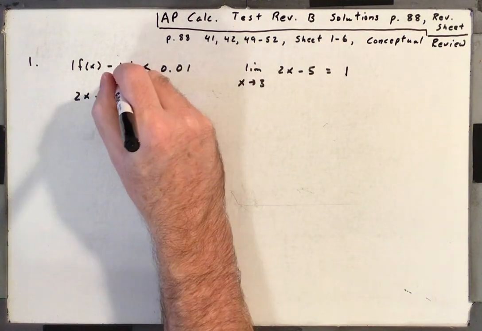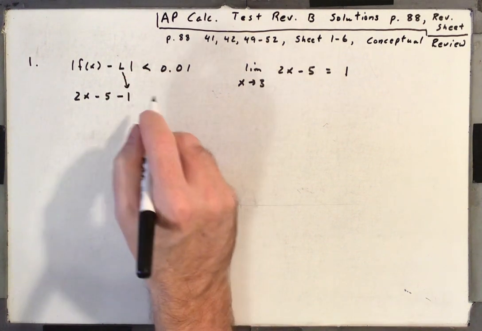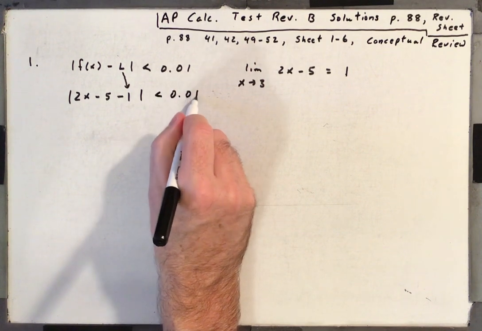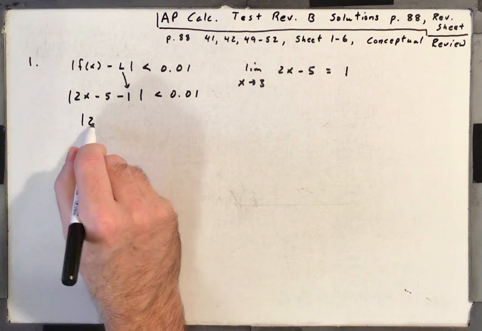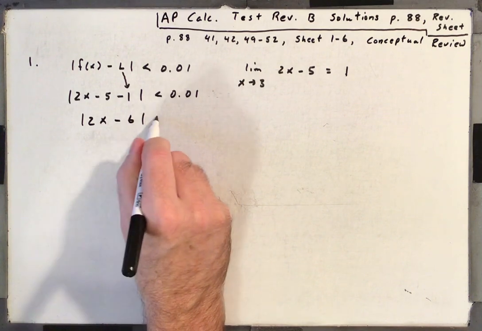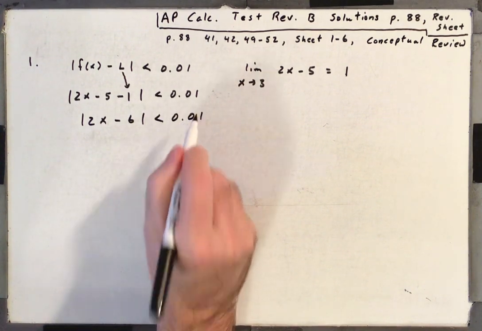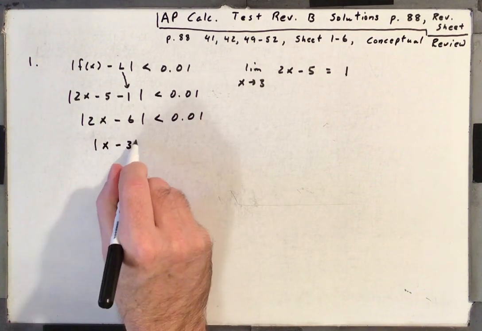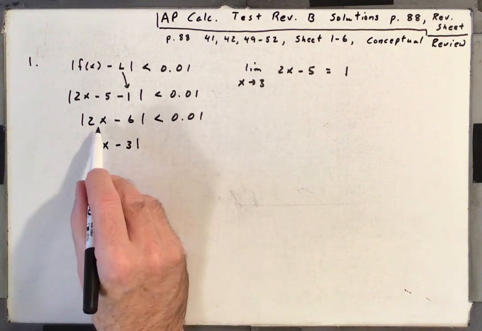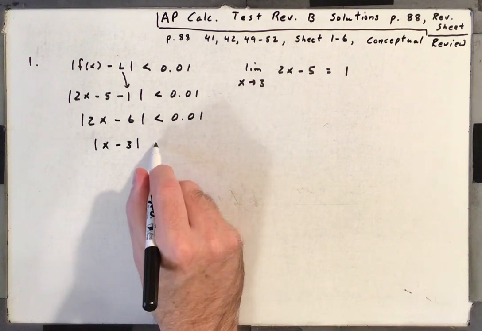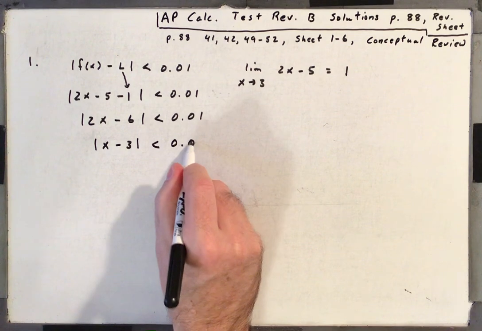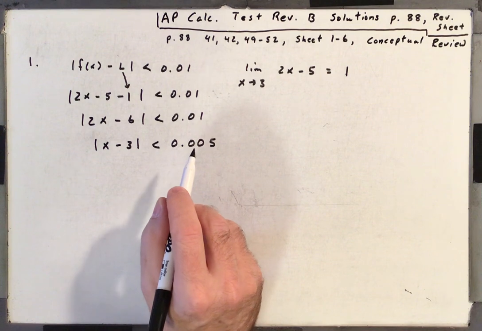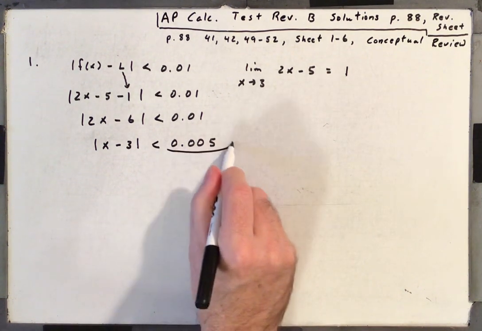So minus 1, you take the limit of that function, so the absolute value of that, less than 0.01. So I've got the absolute value of 2x minus 6 is less than 0.01. Now I need the form absolute value of x minus 3. I get that by dividing both sides by 2. So that would be less than 0.005. And that is your delta greater than 0.